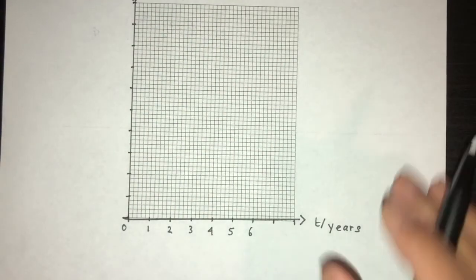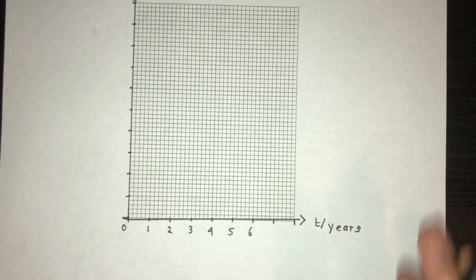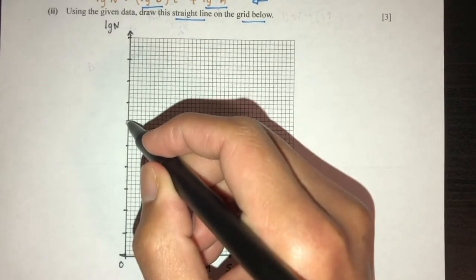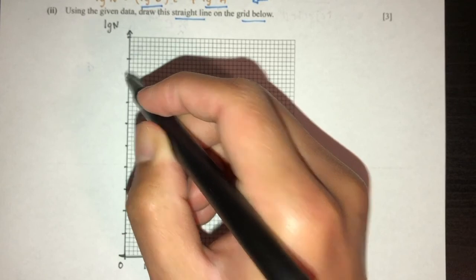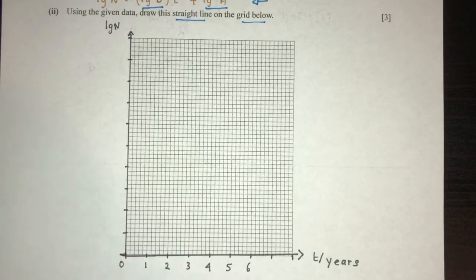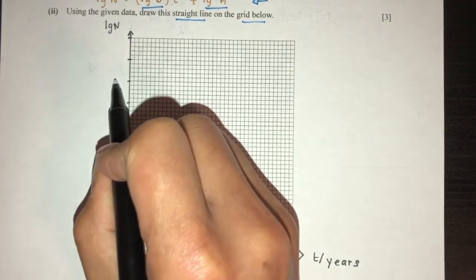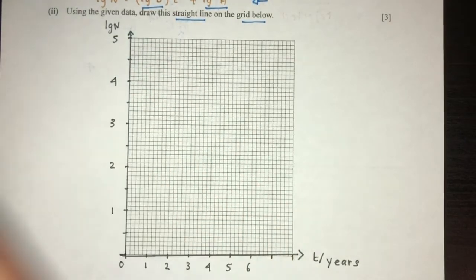So we have values between 2.4 and 3.30. So let's see. That'll be 1 2 3 4. We can try. Yeah, that should be enough. 1 2 3 4 and 5.